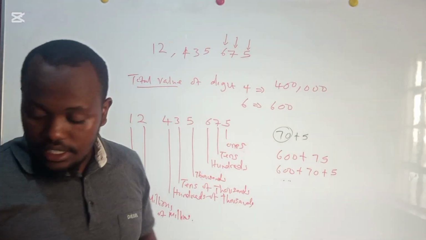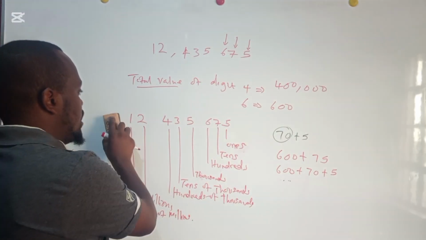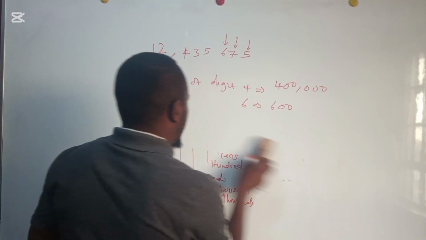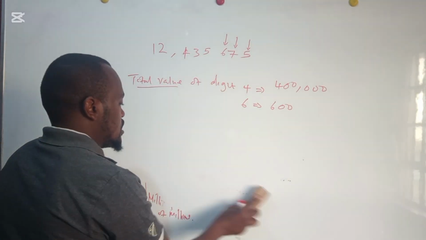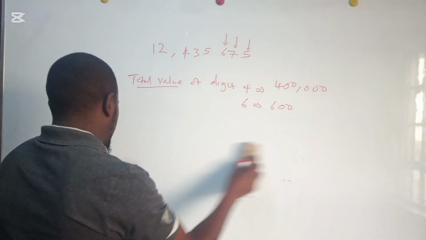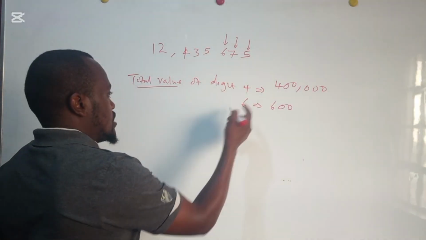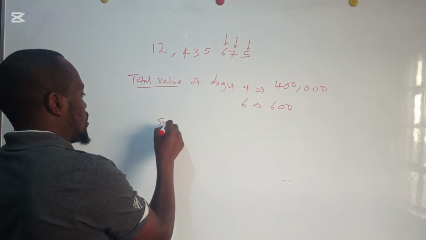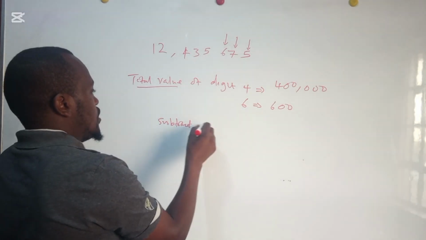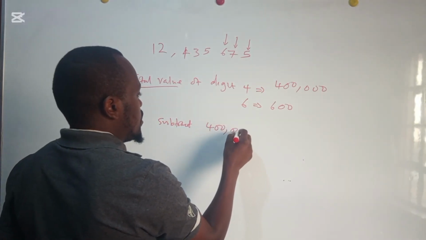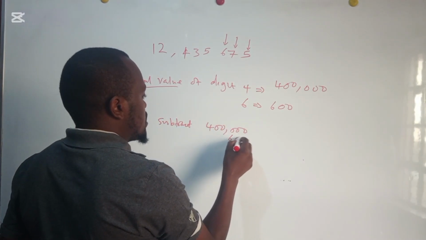And now you are asked to find the difference in the total values of digit 4 and 6. So you can pause the video and do that. Yes, you are subtracting: 4,000 take away 600.